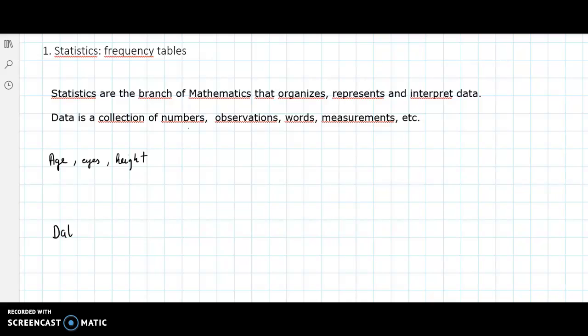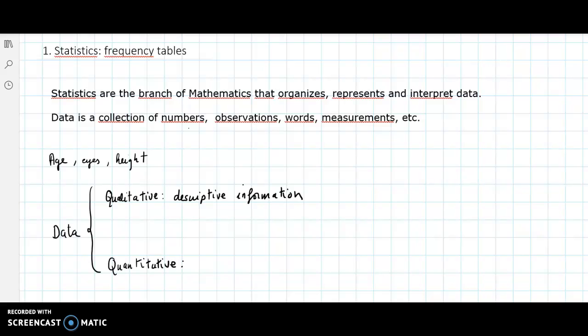Data can be divided into two different types: qualitative, when we get descriptive information, for example, the color of your eyes, and quantitative, when we get numerical information.